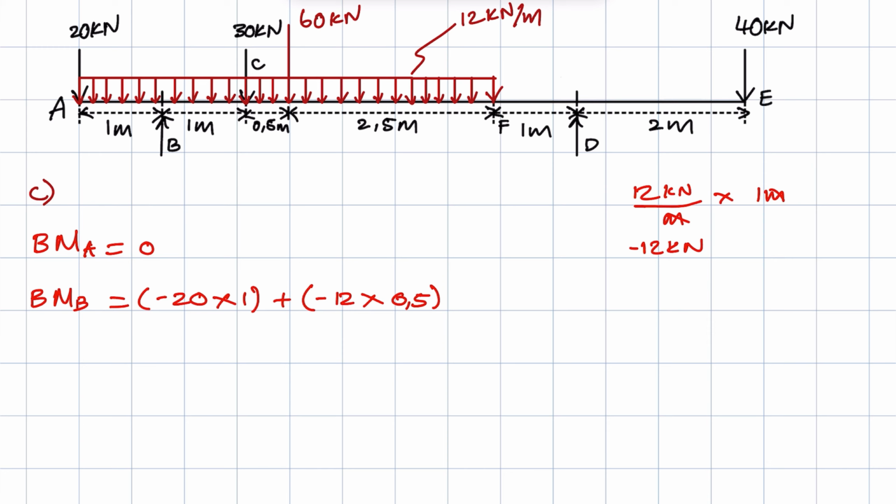Those are all forces to consider on the left of B. And what do we get here? We have negative 26 kilonewton meters. Right, I forgot 20 kilonewton meters here as well.